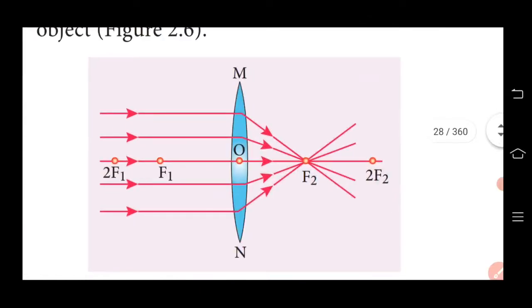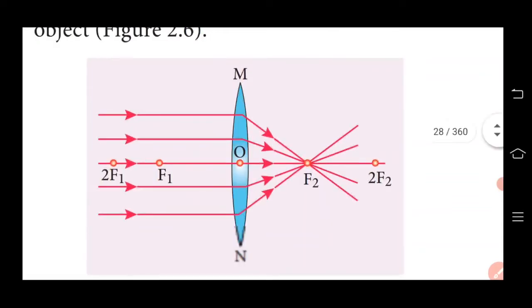The center point is O, meaning optic center O, and here F1 is the principal focus, and then 2F1 is the center of curvature, and on the right side F2 is the principal focus, and 2F2 is the center of curvature.